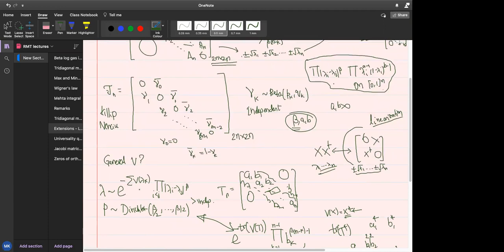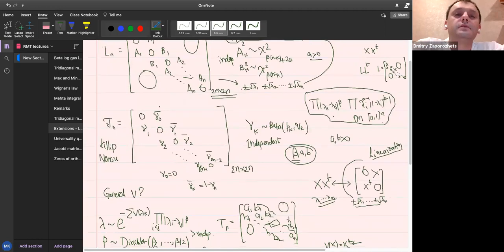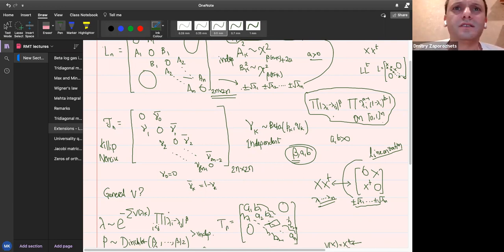Hold on. This may not contain that as the case. Sorry, the connection is bad. So my question is, can you anticipate for which class of V it will be the same, zero diagonal?